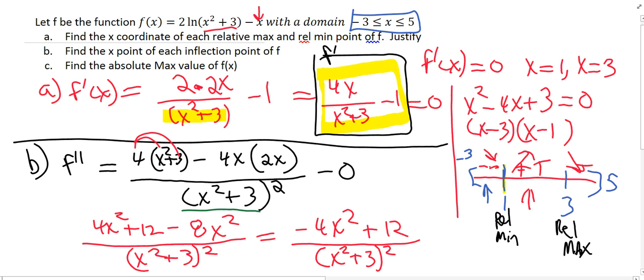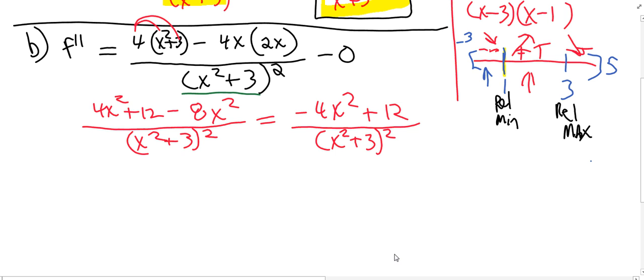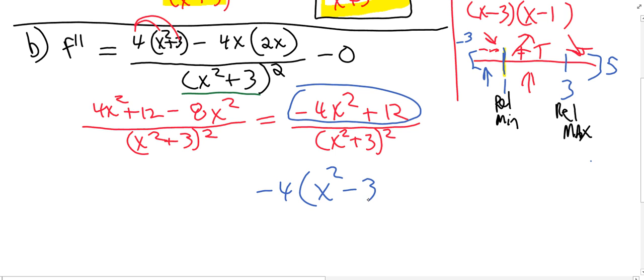And perhaps it'll be a little nicer if we factor the numerator out in our analysis portion here. So I'm going to take out a negative 4, and that would leave me with x squared minus 3 and x squared plus 3.